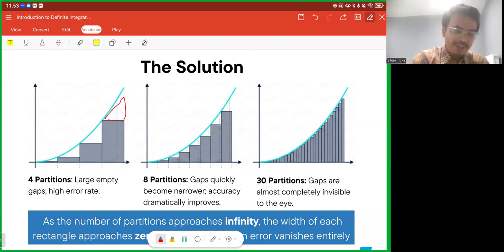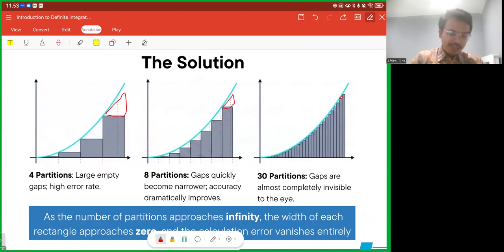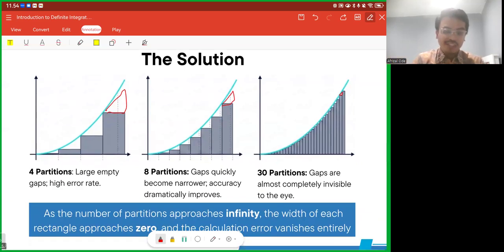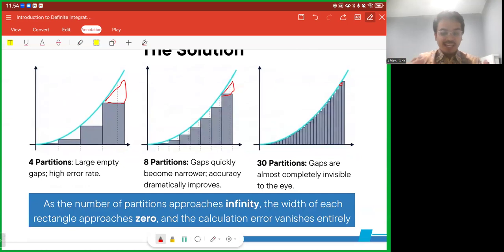We have a large number of gaps, and it's getting smaller and very small over here. So based on that, we can conclude that as the number of partitions approaches infinity, the width of each rectangle approaches 0, and the calculation error vanishes entirely. You can see what I mean, right? So the integral can help us answer this kind of problem in our real world.